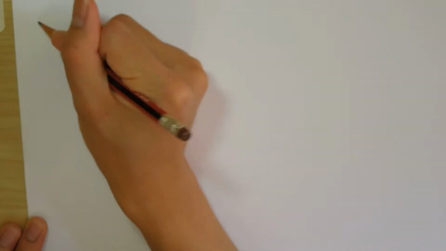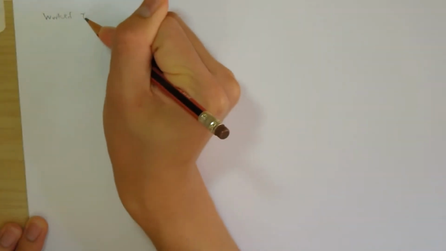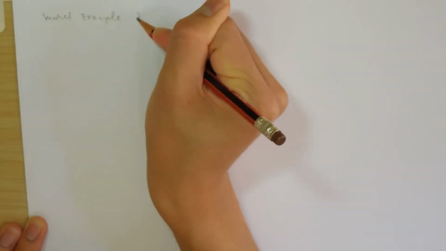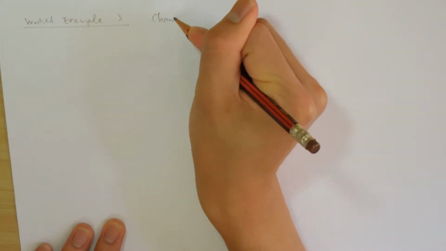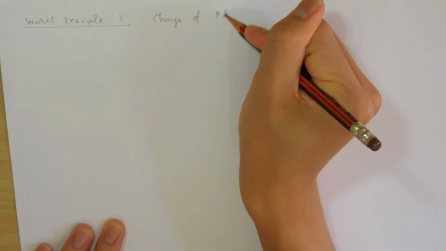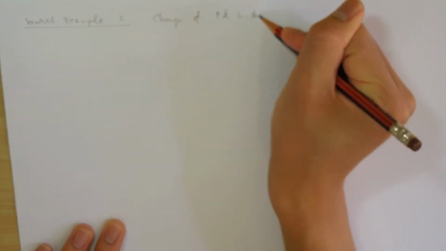Okay, next we come to worked example number 3. Worked example number 3 is related to the change of P&L sharing ratio.